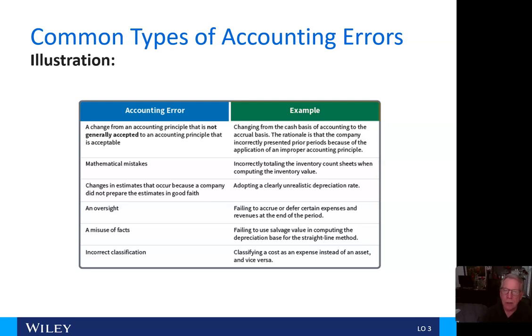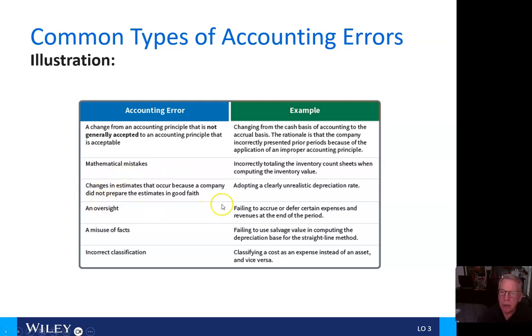The rationale is that the company incorrectly presented prior periods because of the application of an improper accounting principle. Mathematical mistakes. That's pretty easy to understand. Here we're incorrectly totaling the inventory account sheets when computing an inventory value as an example.